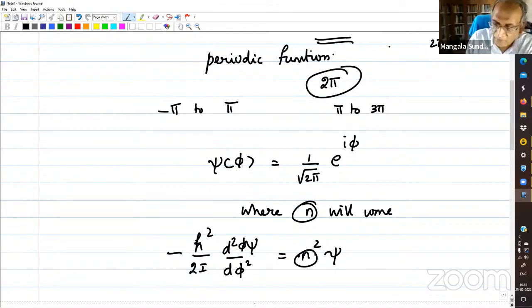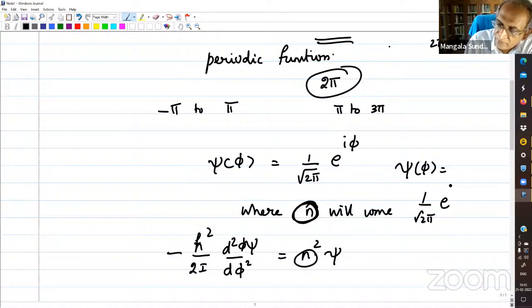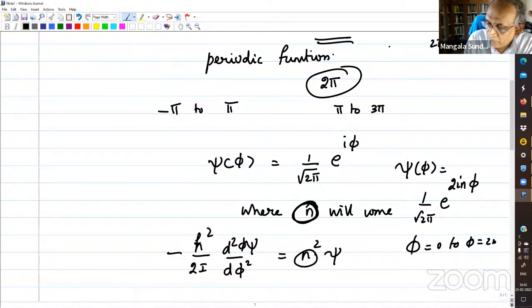This is where the energy will have the quantum number n. And if the energy is n, you will write the wave function psi of phi as 1 by root 2 pi e to the i n phi. So that's the only place, but the wave function is defined uniquely only between phi equal to 0 and phi equal to 2 pi.